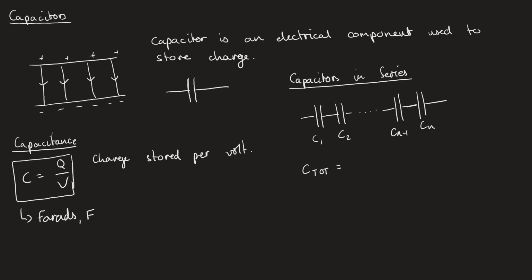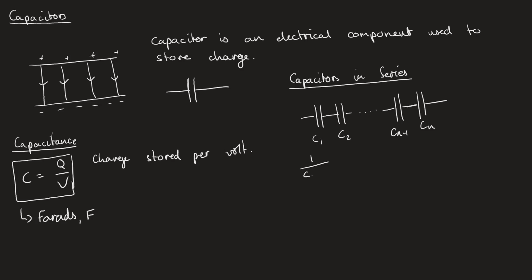Now, if I'm splitting all of that charge over this whole n amount of things, and n could tend off to be billions or trillions, I'm still storing the charge, but my potential across them all is going to sum. So I'm going to end up with a much lower capacitance overall. So I actually add these as the reciprocals.